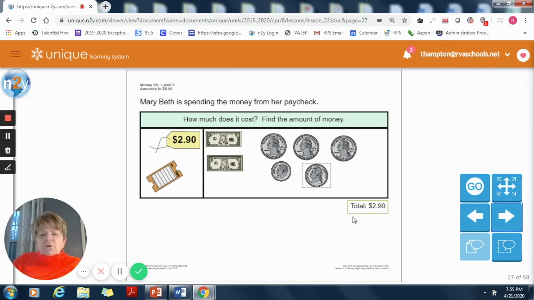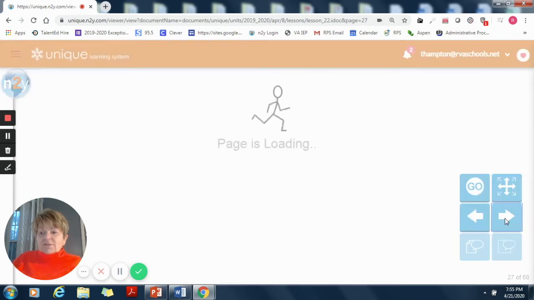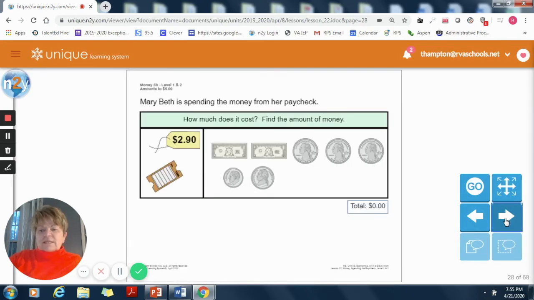So here is our quickest way, with 3 quarters, 1 dime, and 1 nickel, with our two $1 bills, equals $2.90. Very good. That was hard work, but it was a great way to see different ways that we can make those coins. Now let's match our coins. Are we ready?